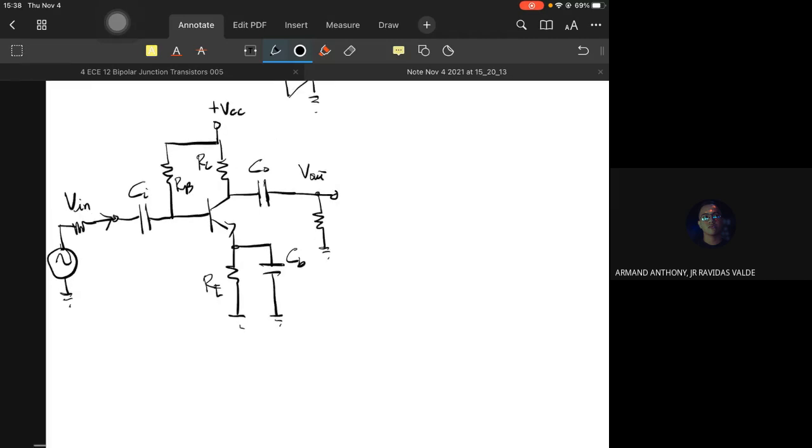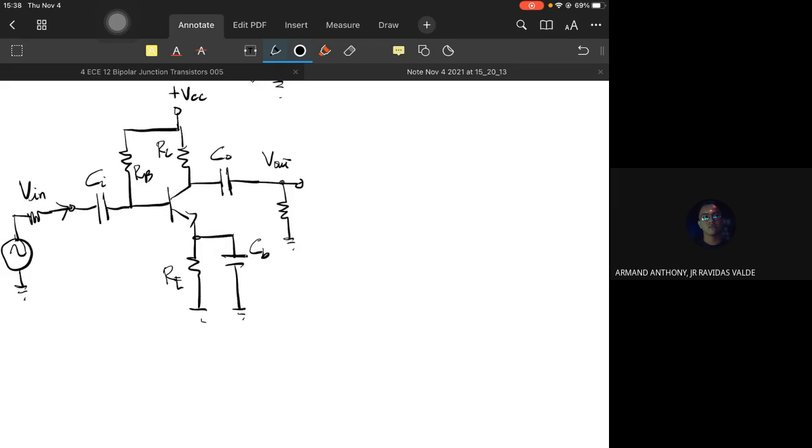So this is now a complete circuit of a simple amplifier configuration with load and source. This is a signal source, or an audio source. The load could be a speaker and the source could be a microphone. Not really that important right now.